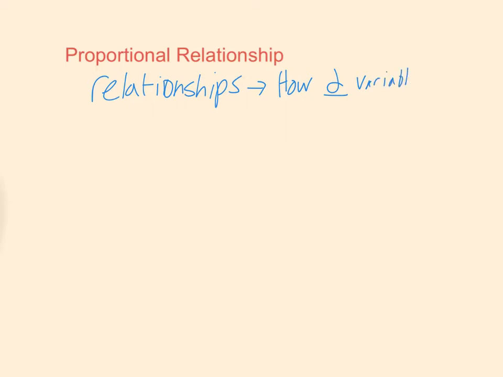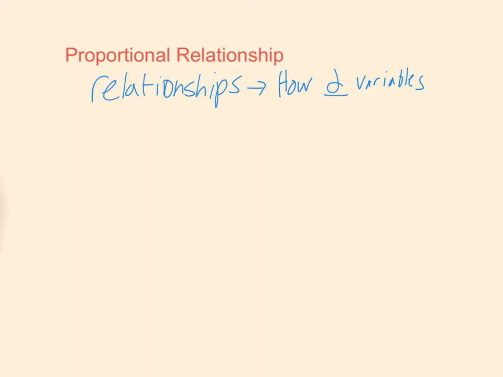Okay? Now, in order to understand proportional relationships, first we have to understand regular relationships. A relationship is how two variables, X and Y, compare to each other. What two variables do we use all the time?